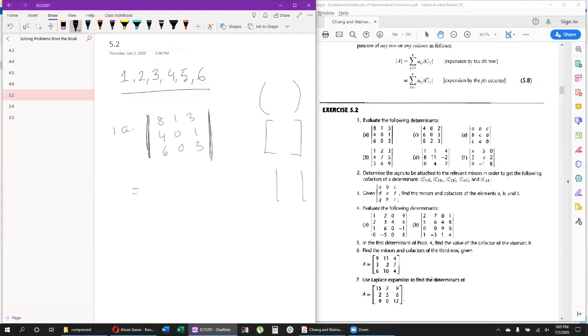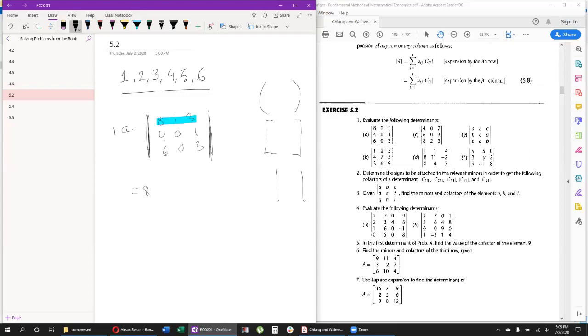So once again, what we have to do is choose any row or any column. Here's a trick that I did not talk about in the previous video: you can pick any row or any column, as we have talked about. If you pick this, for example, let me write down what you have to do.